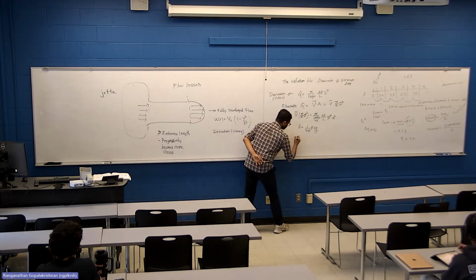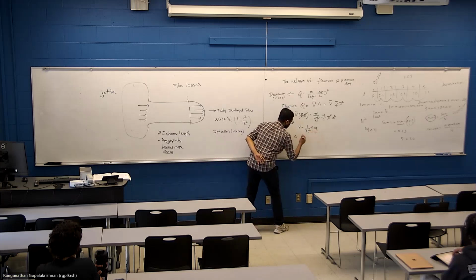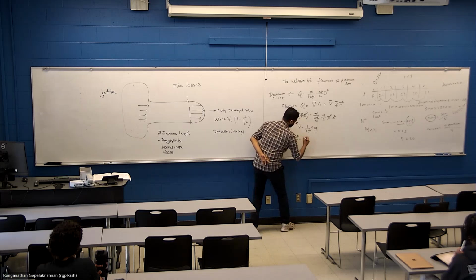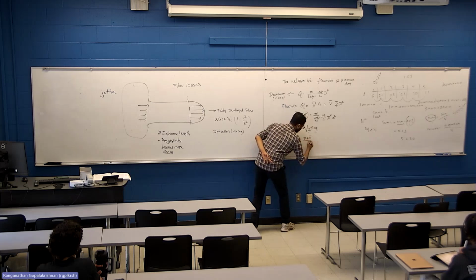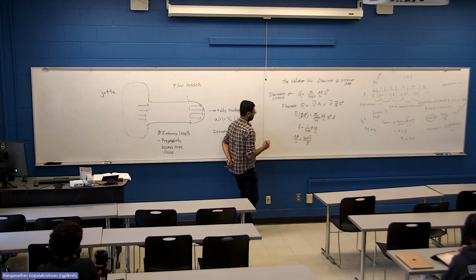So I'm going to rewrite this: delta P over L equals 32 mu times V bar divided by d squared.